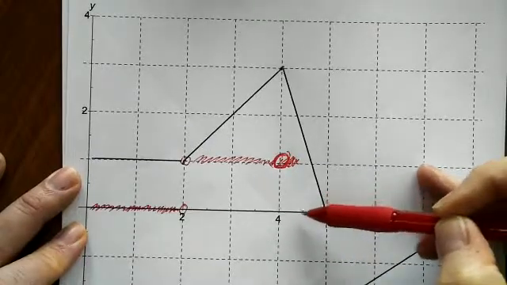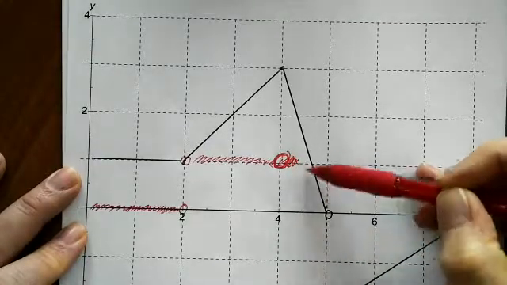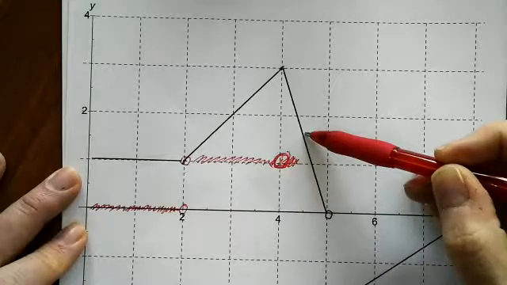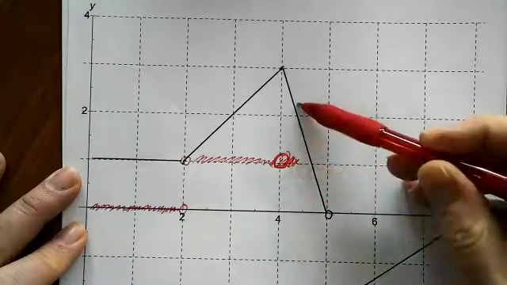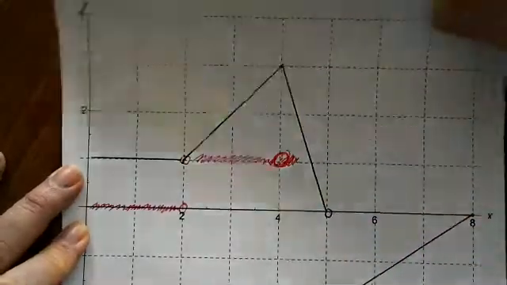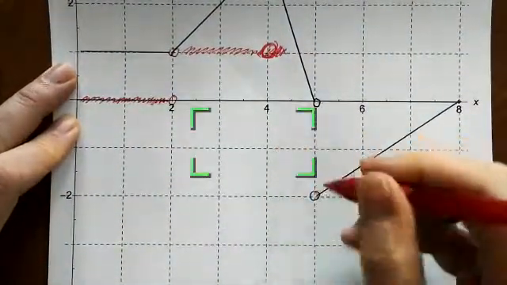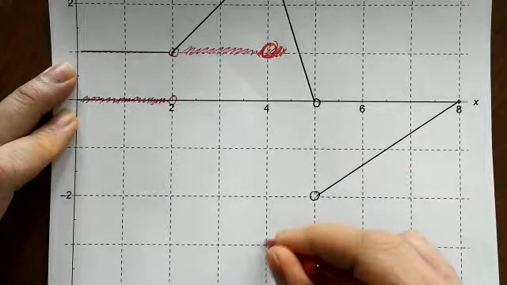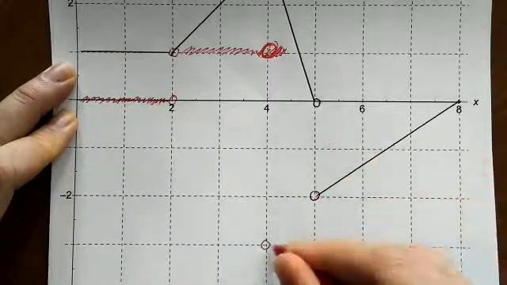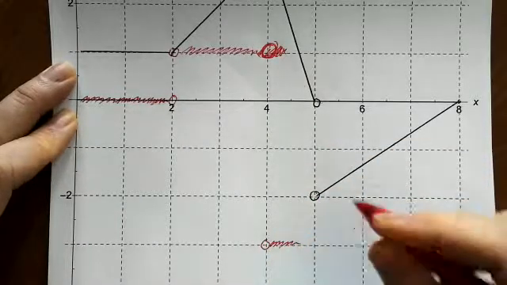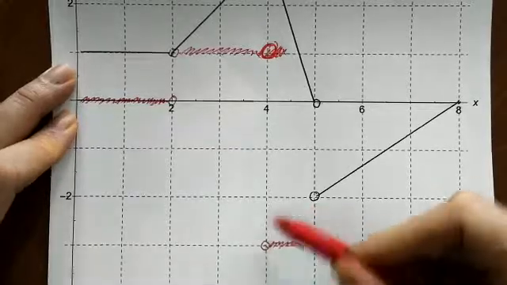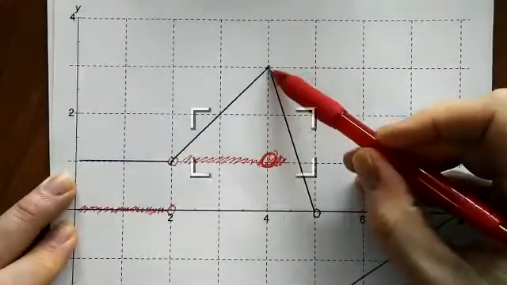So that means that f prime of 4.5 would be -3. F prime of 4.25 would be -3. So our derivative graph is going to be living down here at -3. And this is hollow because at 4, the derivative is undefined.